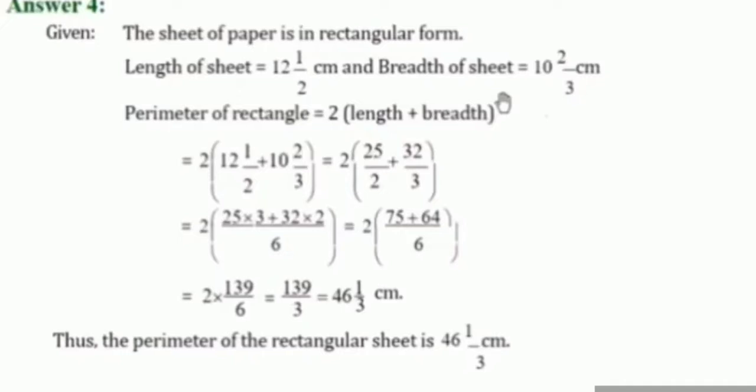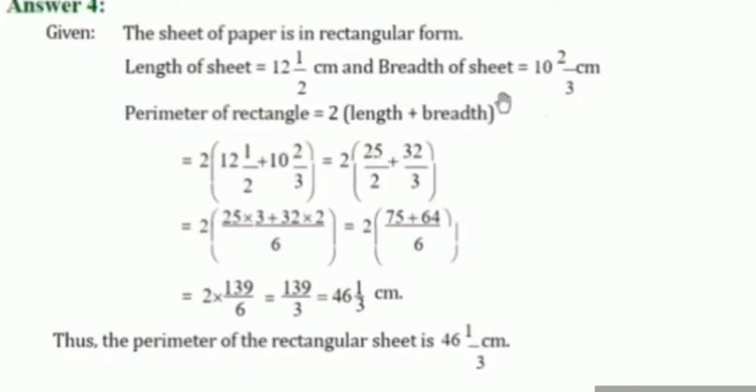Okay. This is equal to 2 in bracket, what will come? 12 into 2 is 24 and plus 1 is 25 upon 2, and plus 10 into 3 is 30 plus 2 is 32 upon 3. Now for 3 and 2 we will find the LCM. So LCM will come 6. Okay.